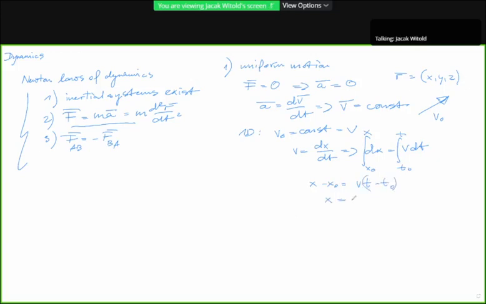So x is equal to vt if x0 and t0 are 0. Right, I'm not sure if we have done that. Even if so, that short revision of it won't hurt.